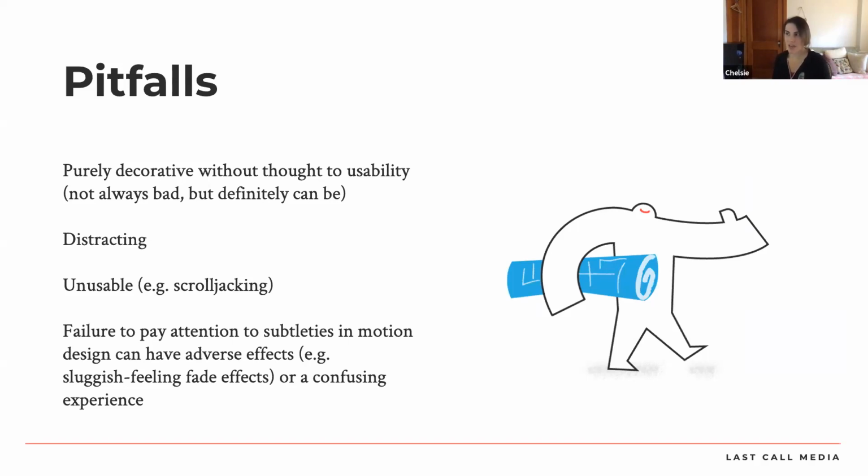This isn't always bad, but it definitely can be bad. And especially in the case of stakeholders, sometimes stakeholders see a cool, fancy thing and it looks really cool and that's great, but it might not be the right fit for the thing that you're trying to build.